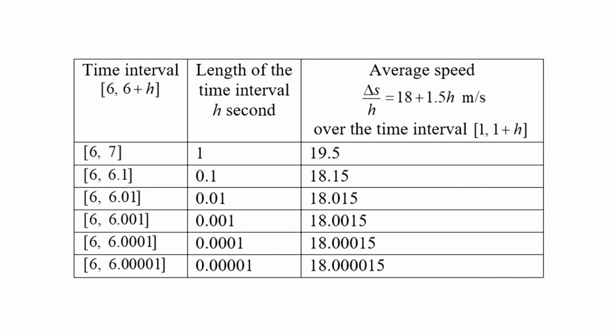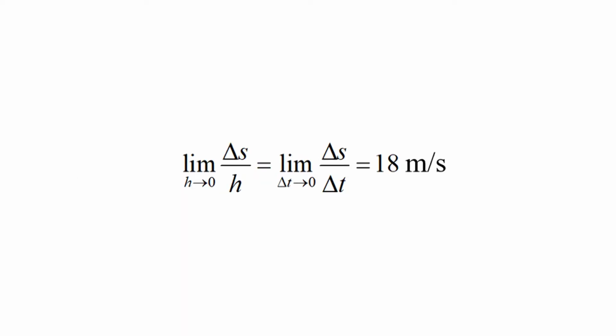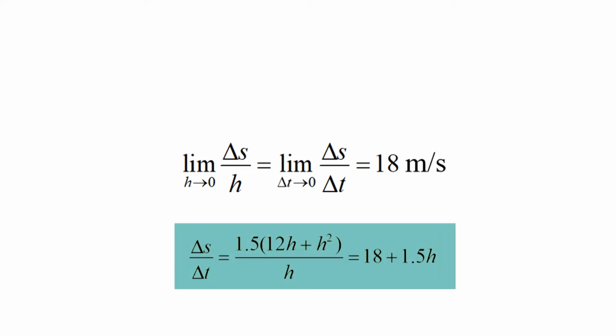We denote it by writing limit of Δs upon h as h approaches 0, equal to limit of Δs upon Δt as Δt approaches 0, equal to 18 meters per second. This is also justified by equation 1 by letting h approach 0.